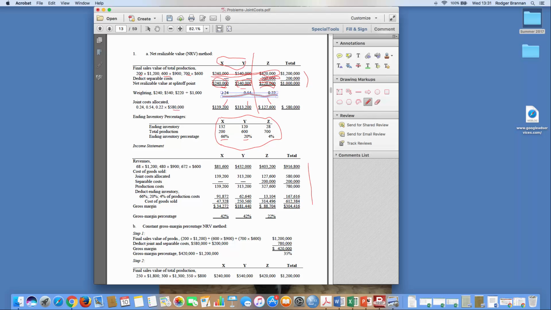Now, the costs that have been allocated are twofold. One, I have my joint costs that were allocated to each product based on their net realizable value. And Z has its own separable cost.